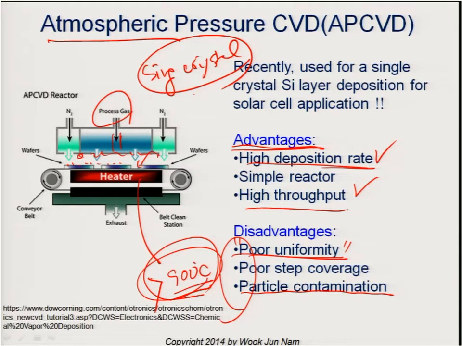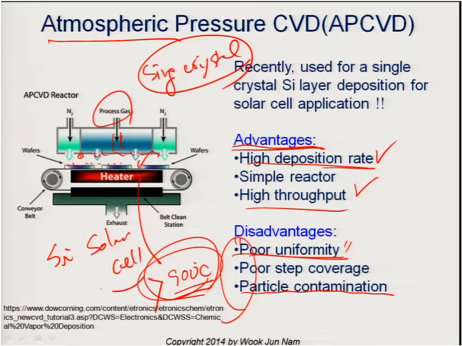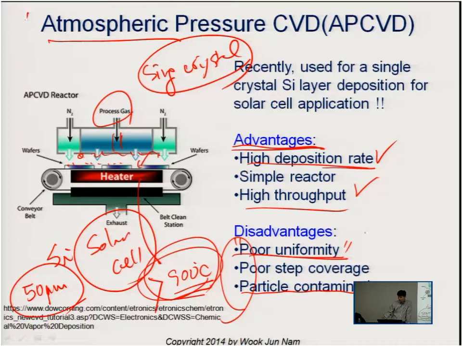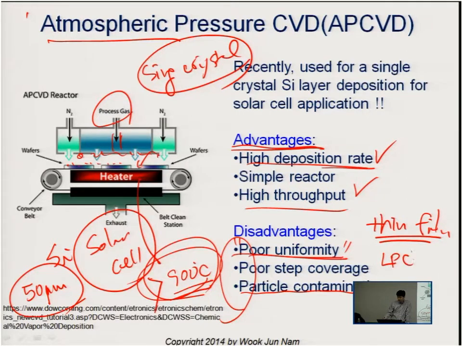For the silicon-based solar cell, it needs about 50 micrometer thick layers. In that case, people use thin film, which can be deposited by LPCVD or PECVD.